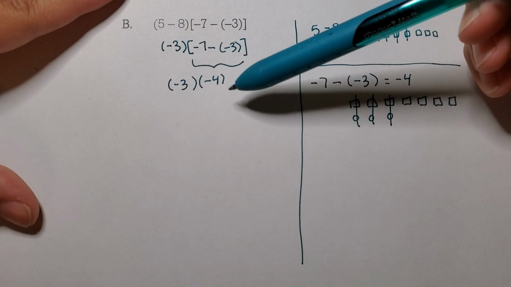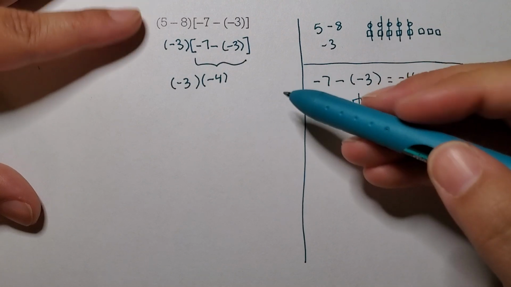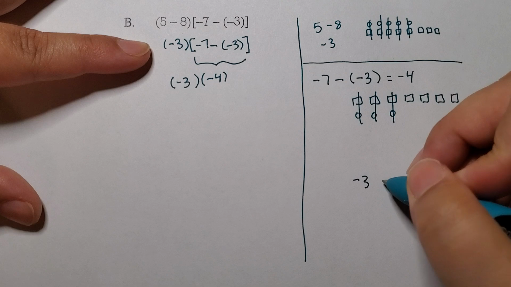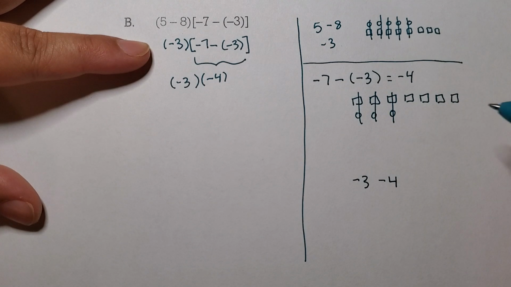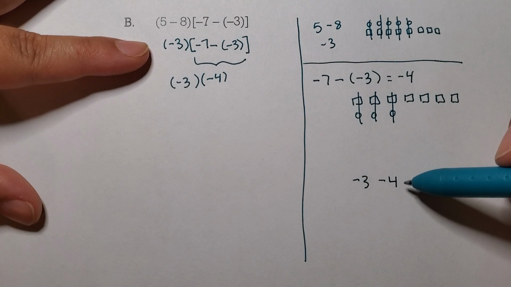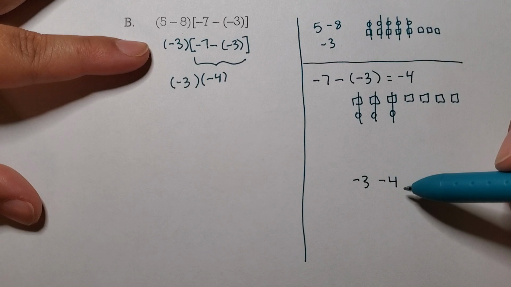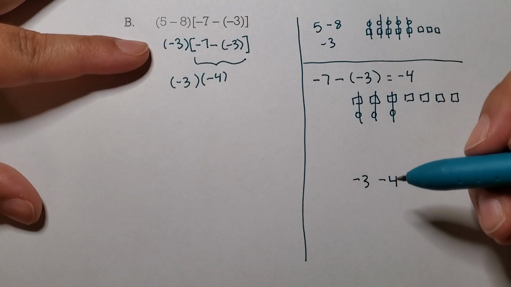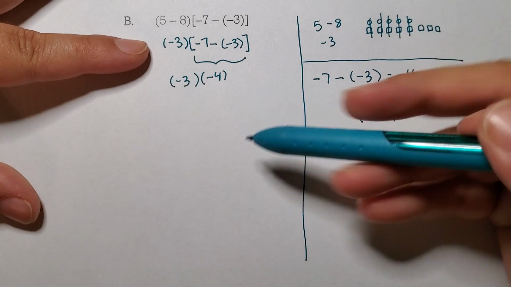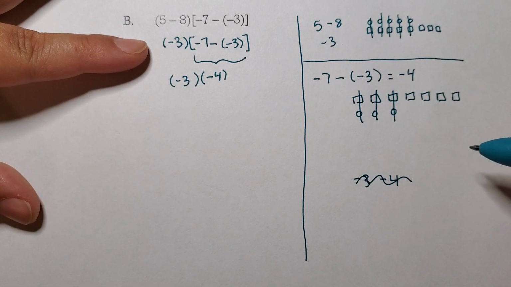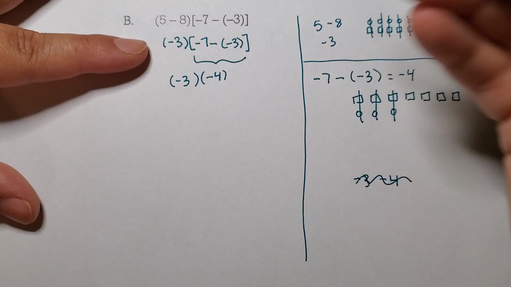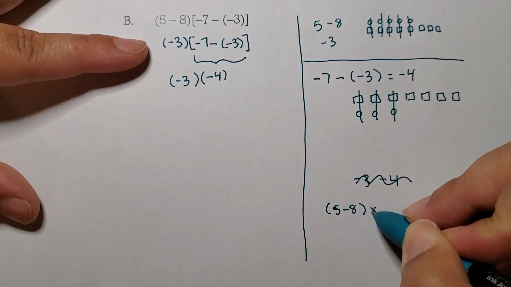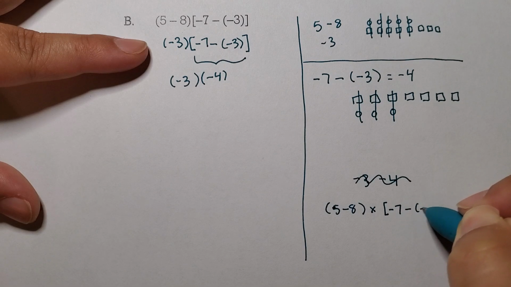So I've got to be careful, because if I just put a -3 here, and then if I just wrote a -4 there, I would then interpret this as a subtraction problem instead of a multiplication problem. So something that you could do if you don't want to write these parentheses, as you write things out, I could immediately turn this into 5 minus 8, and then put a times there right at the very beginning.